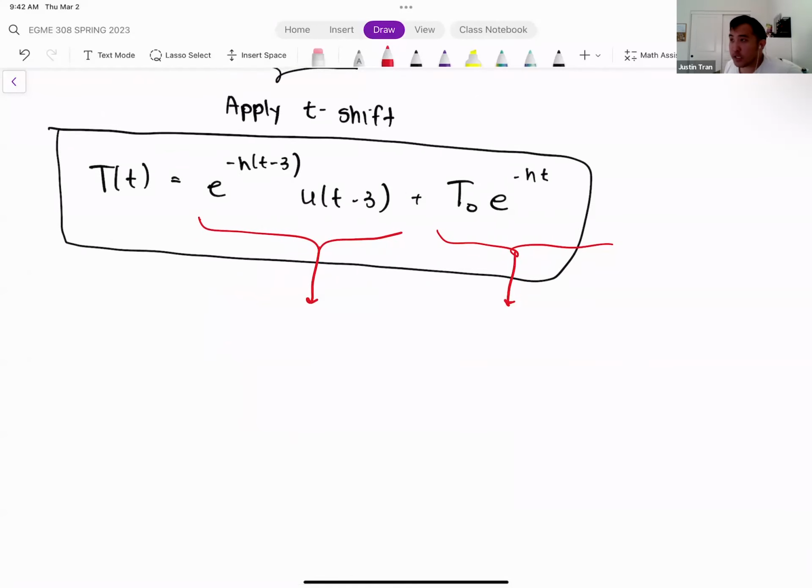This first term, e to the minus h t minus 3 u of t minus 3, this part of the solution came directly as a result of the impulse function.